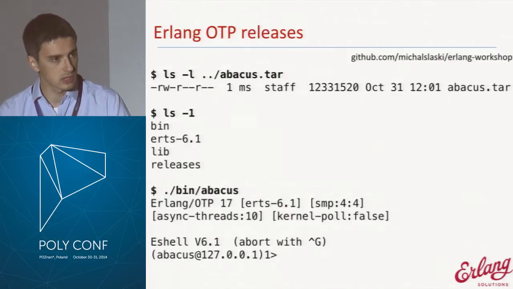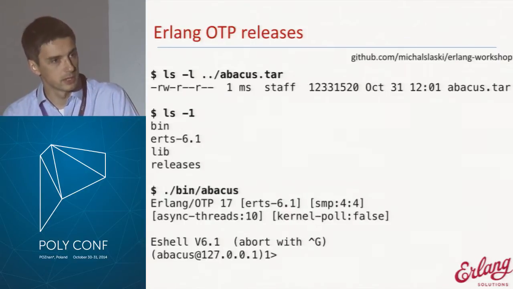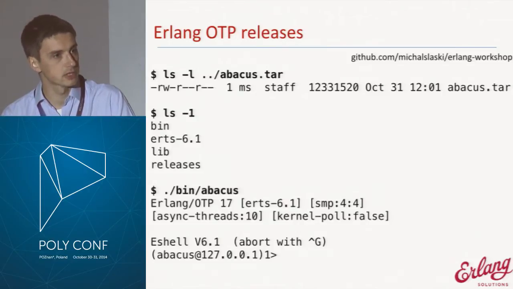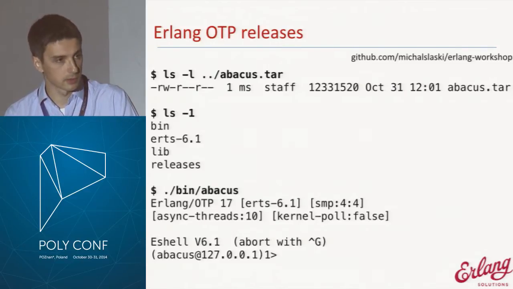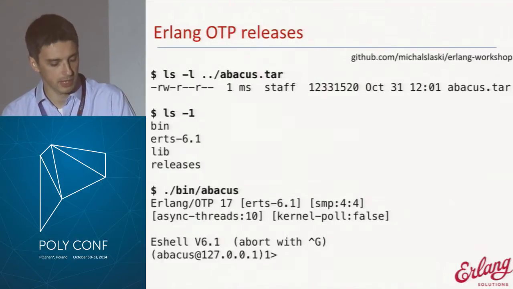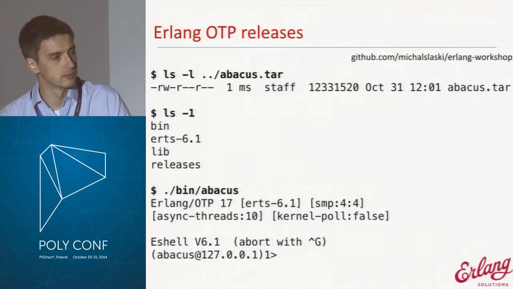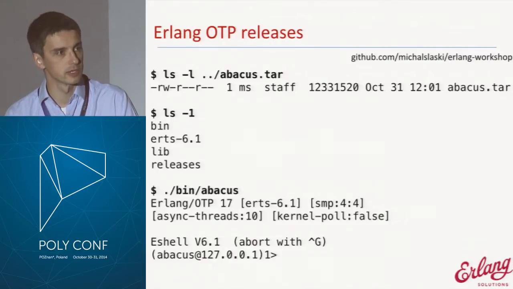You can see that it consists of the bin directory, the runtime system, all necessary Erlang libraries, and some configuration files which go to the releases directory. You unpack, untar, and you're good to go. Being Abacus would let you start your system. Easy deployment, very important.